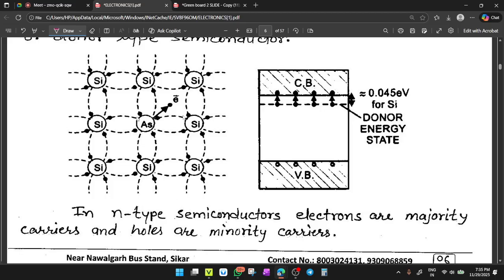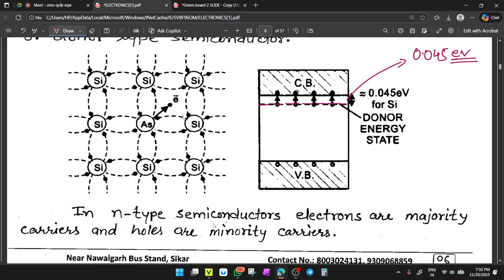In that, the arsenic atom is a donor atom. Here is a free electron, which arsenic provided. Now this is the valence band. Now this is the conduction band, and just below the conduction band with a very small margin, 0.045 electron volt, very little energy margin, there is a band of these free electrons called the donor energy state. Clear?